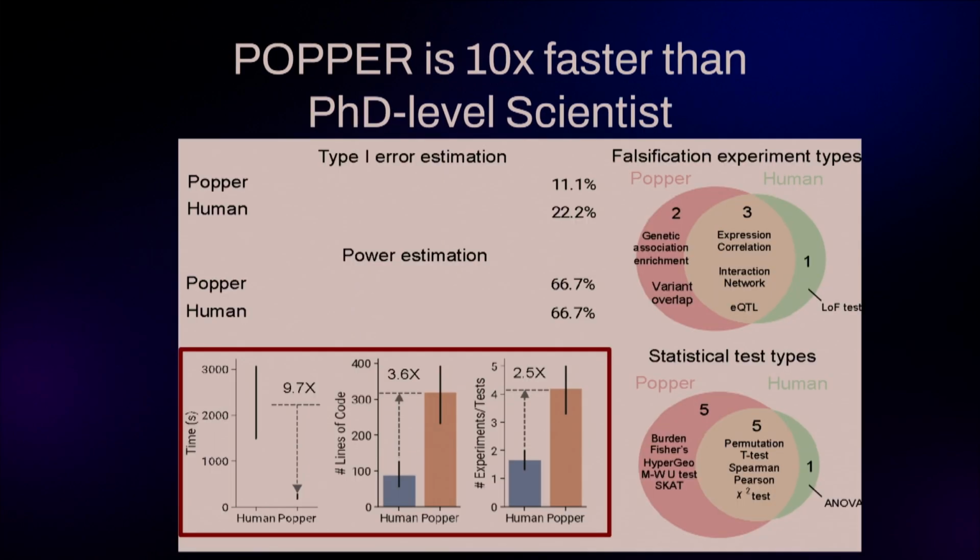And what we see is that this agent is as good as human experts, but about 10 times faster. It uses very similar techniques, very similar statistical tests, very similar falsification tests for falsifying the hypothesis. But when you look at the productivity metrics, in terms of how fast it does things, how many tests, how many lines of code, we see a several-fold improvement.